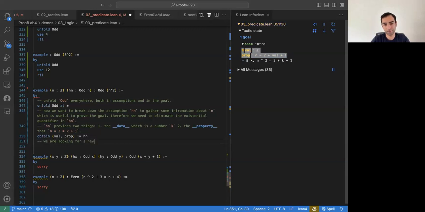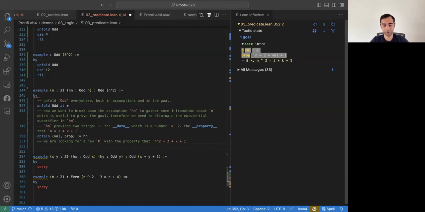For a new K maybe. This time it is not n, but n squared, right? Is 2 times K plus 1. Right, how do we find this? Maybe we do a simple calculation.